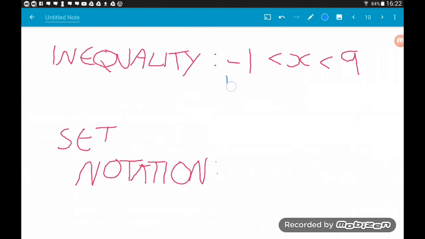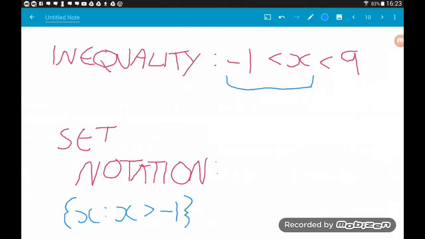This bit tells us that x is greater than -1. So we could write that first bit as x is such that x is greater than -1, close that.